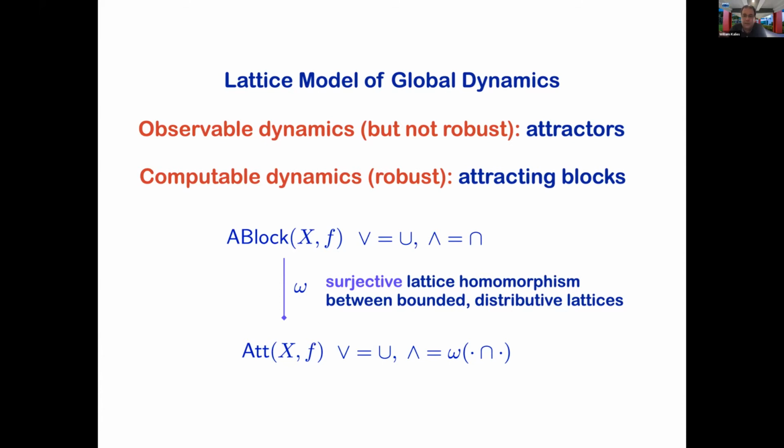I can't just take the intersection of the 2 attractors to get an attractor. I have to take the omega limit set of the intersection, okay?